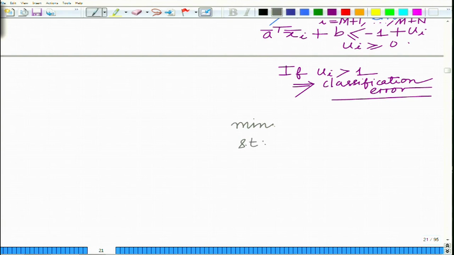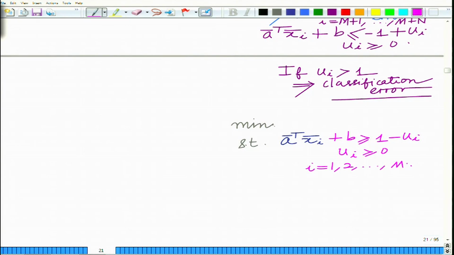But we have the constraints. What are the constraints now? A bar transpose x bar I plus b greater than or equal to 1, which was there previously, now greater than or equal to 1 minus ui, with ui greater than or equal to 0, for I equals 1 up to m.